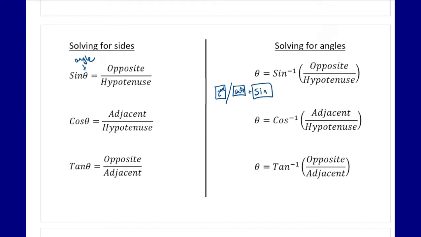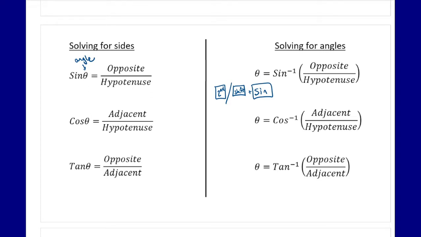Because you should see above that sine button, in smaller print, sine -1, which is the inverse. Just keep in mind, this is not an exponent. We aren't doing sine to the power of -1. We're using the inverse. So again, that's just a button on your calculator.